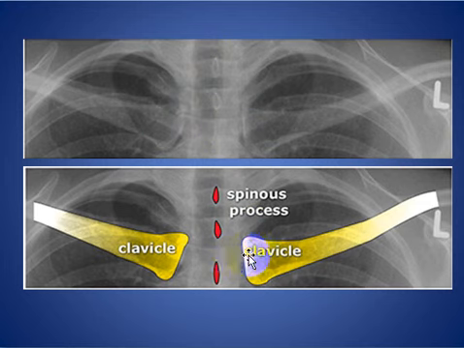And the distance between the medial end of the clavicle and the spinous process on either side should be equal. If it is increased in that area, it is a rotated patient, and will give some pitfalls and errors in diagnosis.